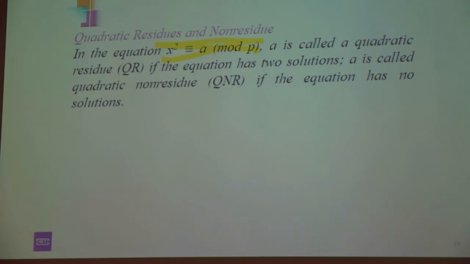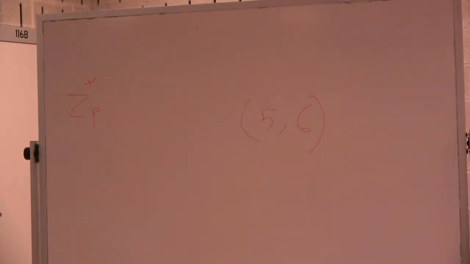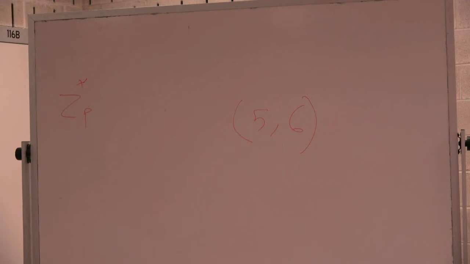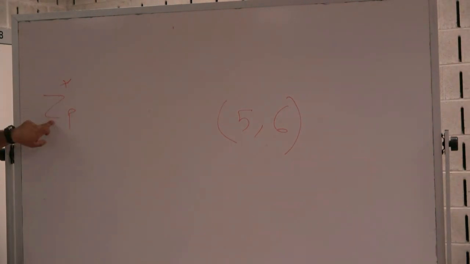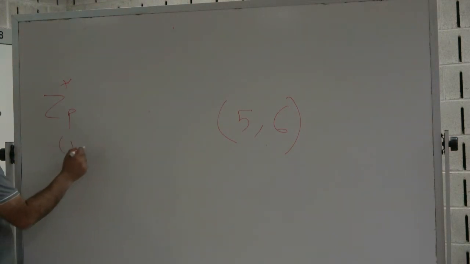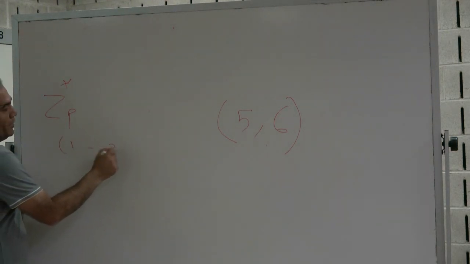Alright, so it can be proved that it's a multiplicative set for primes. So what are the members again? 1, 2, up to p minus 1.